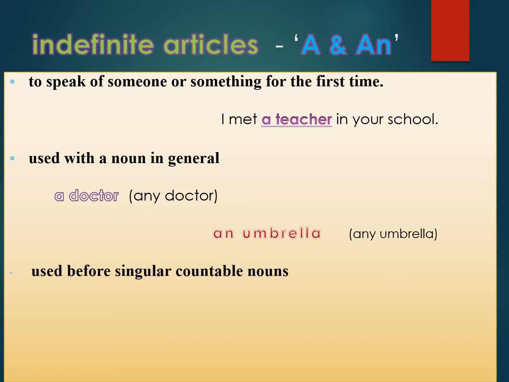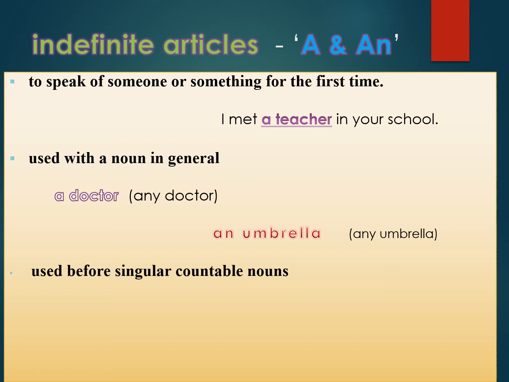Indefinite articles are used before singular countable nouns. Students, countable nouns can be singular or plural. For example, boy, boys. We can count 1 boy, 2 boys, 3 boys, 4 boys.